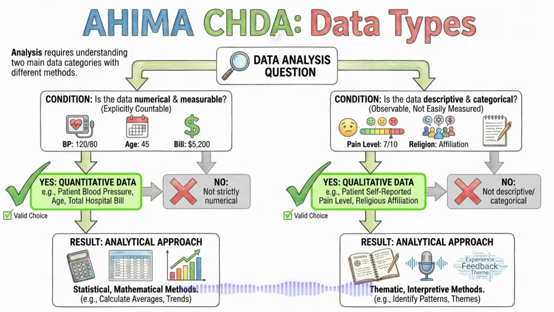Qualitative data is descriptive and categorical, representing things you can observe but not easily measure with numbers, like a patient's self-reported pain level or their religious affiliation. Knowing how to handle both data types is crucial, because they require completely different analytical approaches.